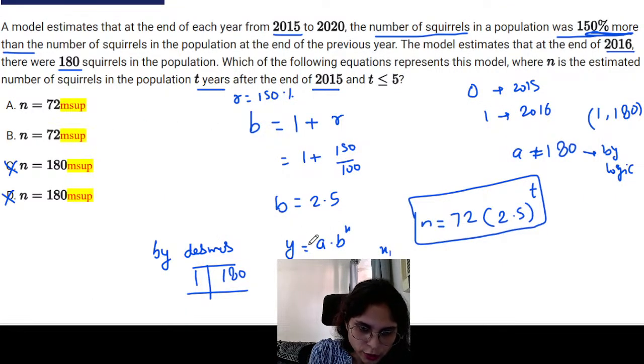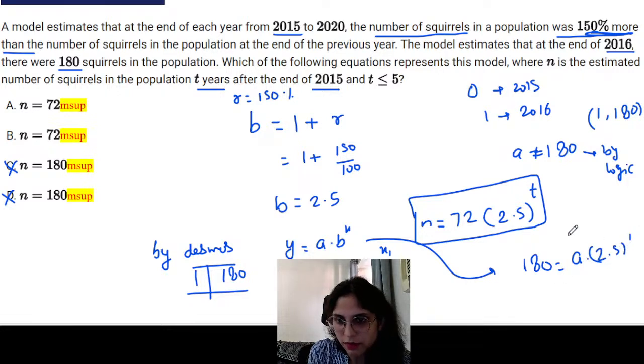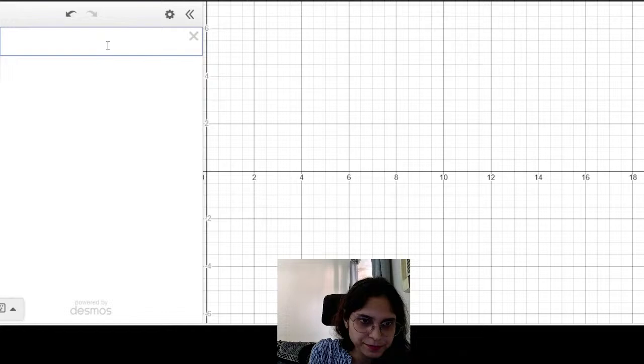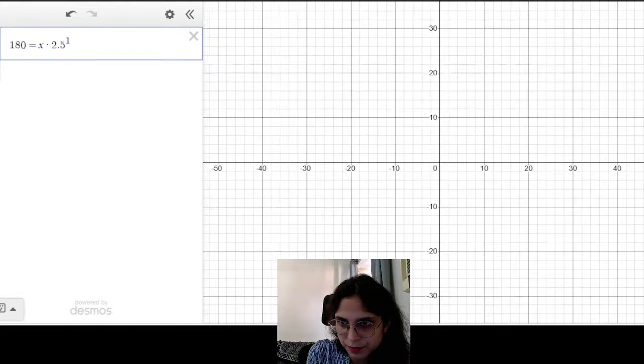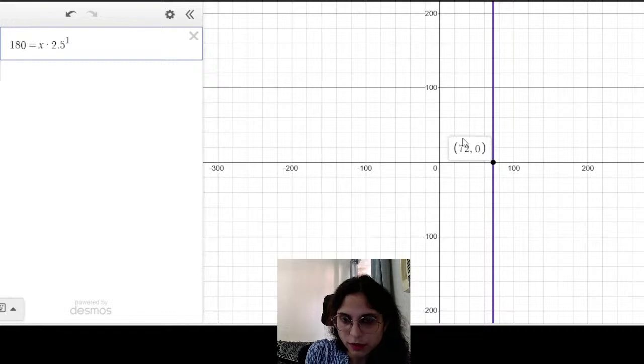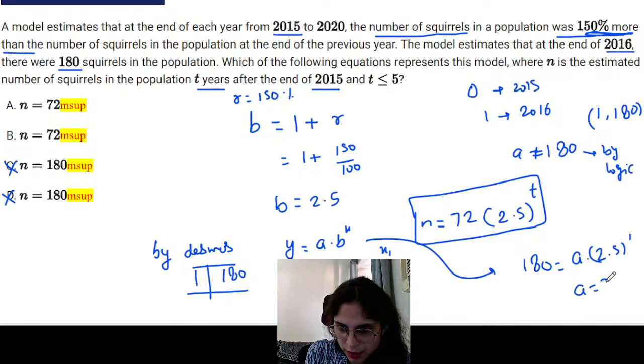So you write the points over here. 180 equals a times 2.5 to the power 1. And you will get the value of a directly from here. Instead of a, you write x times 2.5 to the power 1. The value of a is 72. So from here also you will get a is equal to 72.